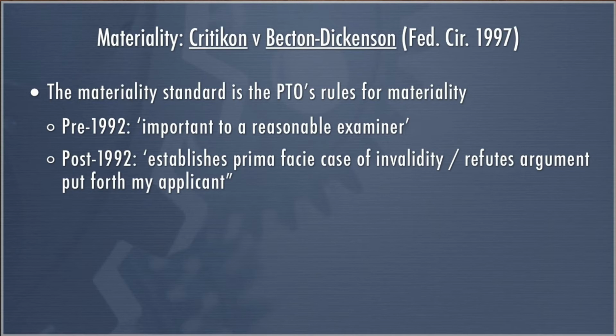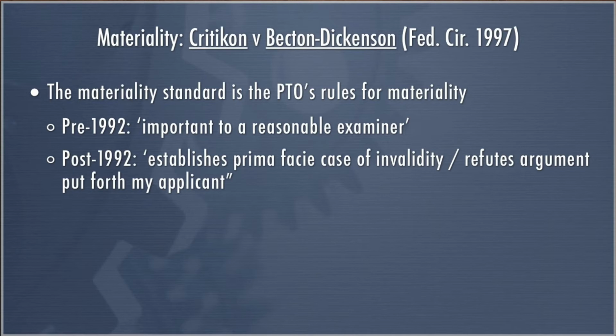Before 1992, the PTO's internal rules said that references that were material were important to a reasonable examiner. After 1992, the court said, well, the information that's material to us is anything that establishes a prima facie case of invalidity or refutes some argument put forth by the applicant, right? Those are supposed to be almost the same, but the wording is slightly different.